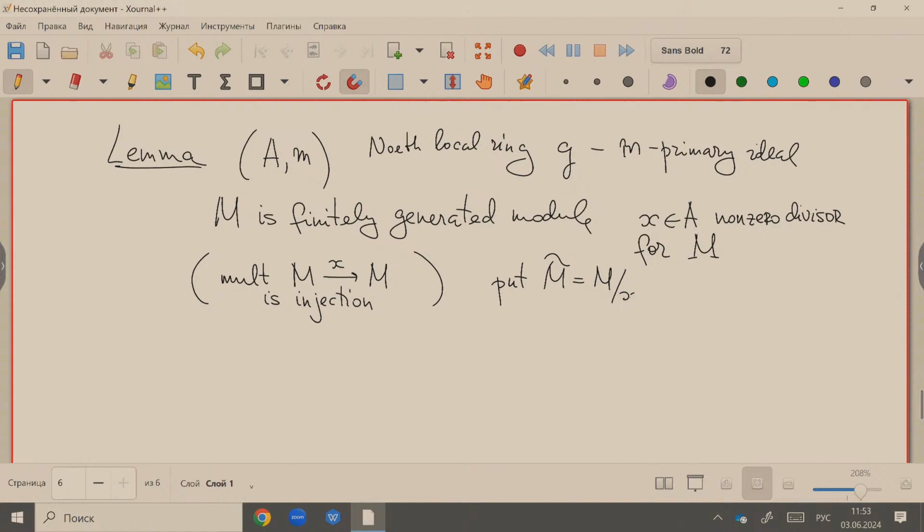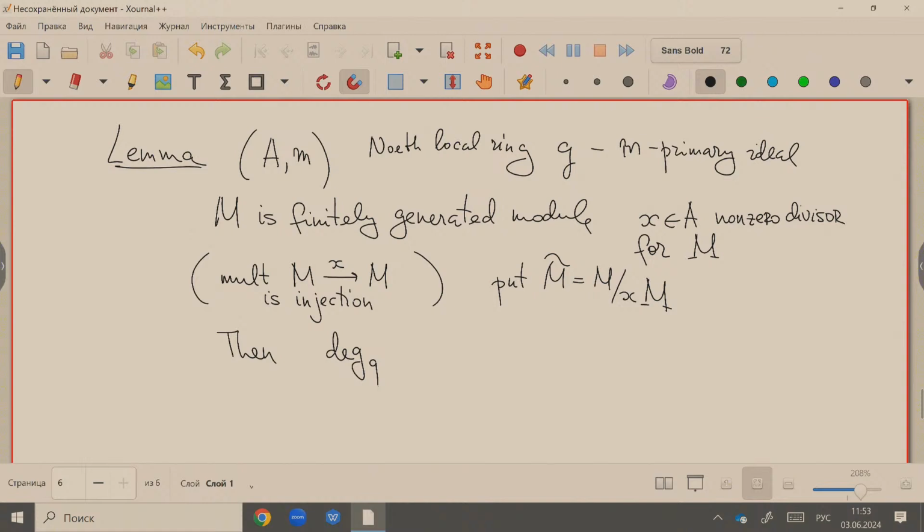So then the degree of chi Q of M tilde is less or equal than the degree of chi Q of M minus 1.